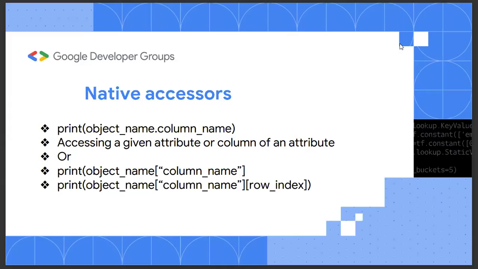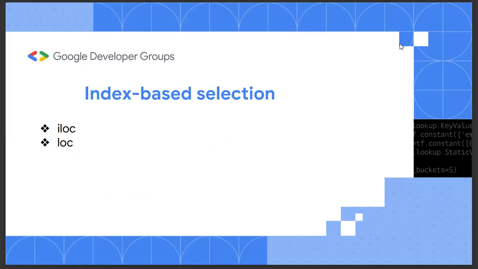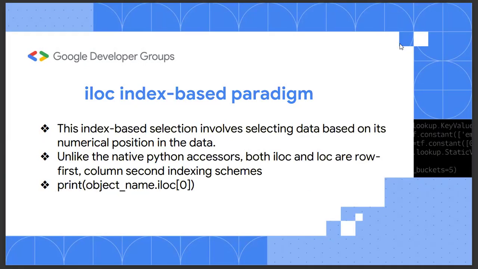So those are the native accessors. Now in Pandas, we have special functions used for accessing data in our data sets. We have iloc and loc. iloc is an index-based paradigm. It involves selecting data based on its numerical position in the data. Unlike the native Python accessors that we've been looking at, both iloc and loc are row first, column second indexing schemes.